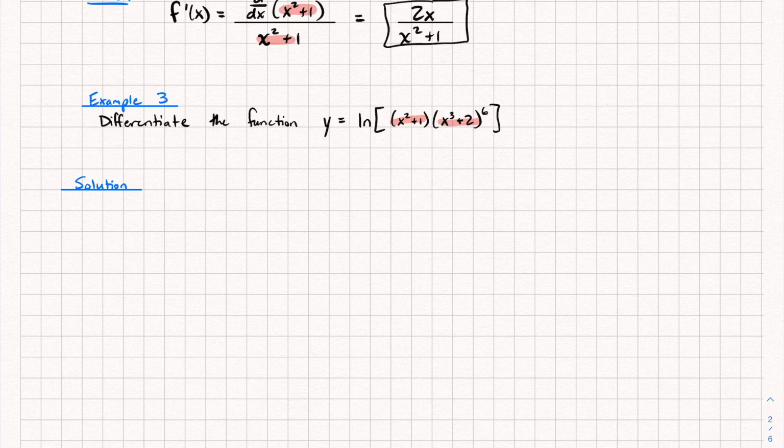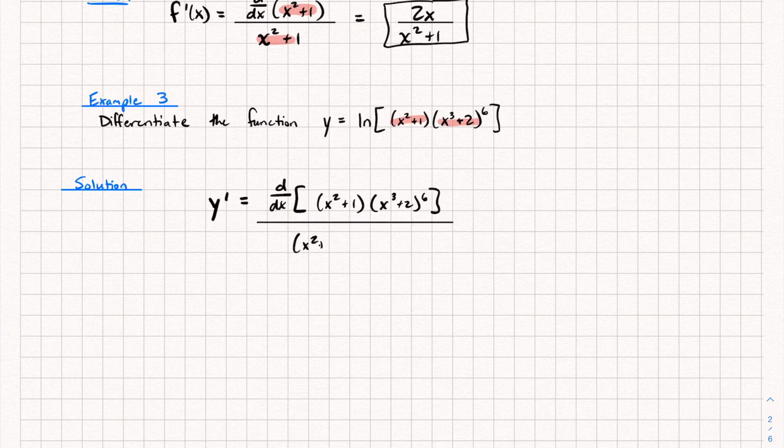So if we were to continue to work this problem like we've done in the previous one, the pattern would tell me that if I want to find y prime, I need to take the derivative of the inside, which is all of this stuff, x squared plus 1 times x to the third plus 2 to the sixth power, and then divide this by what's on the inside, x squared plus 1, x to the third plus 2 to the sixth power. Now, don't try to simplify this, right? Remember, this top part I would need to derive before anything else happens.